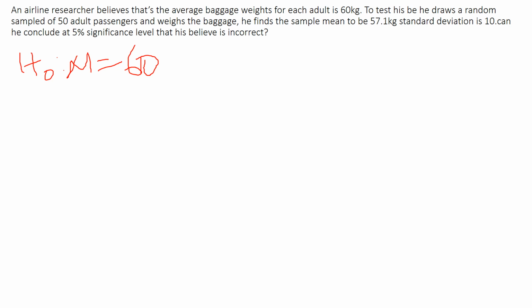So our alternate hypothesis in this case is that mu is not equal to 60. So we can say that we have the alternate of not equal to 60.